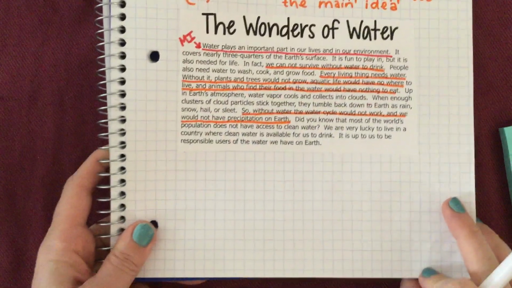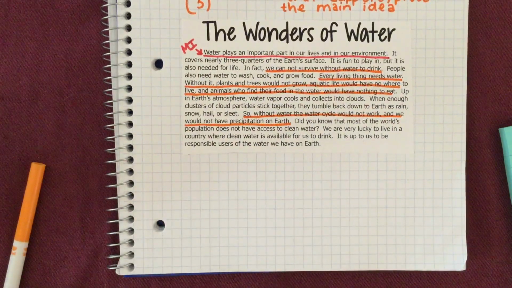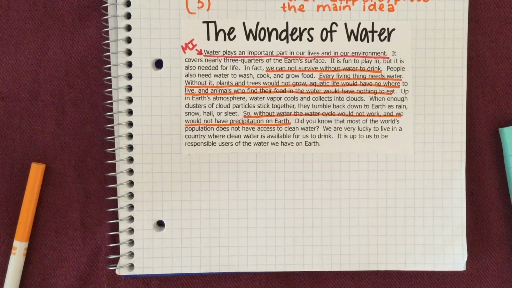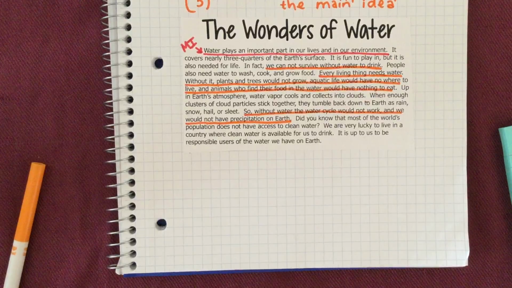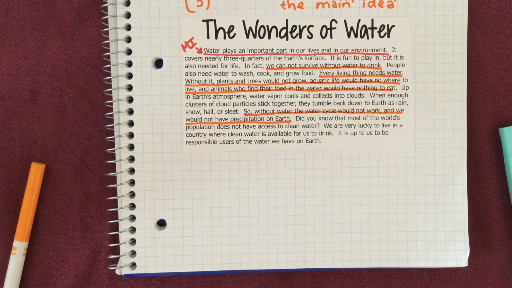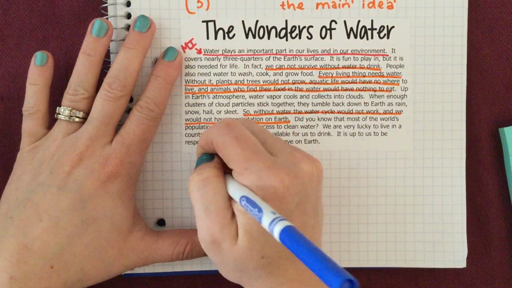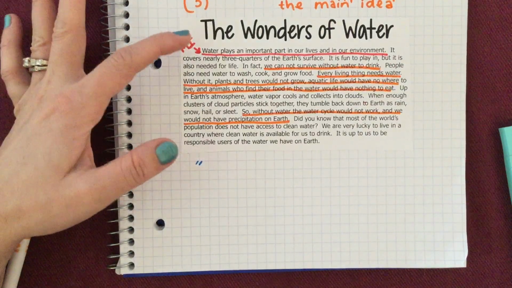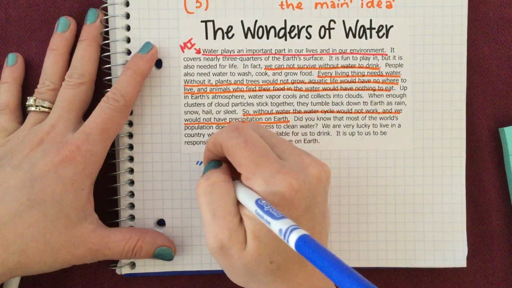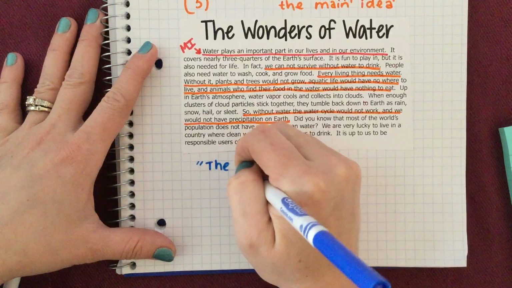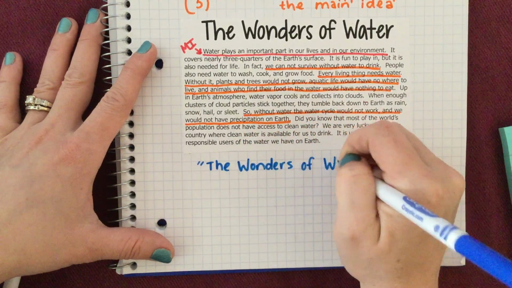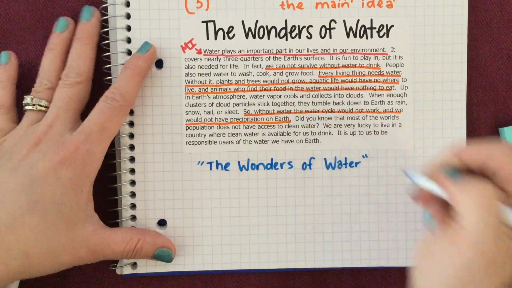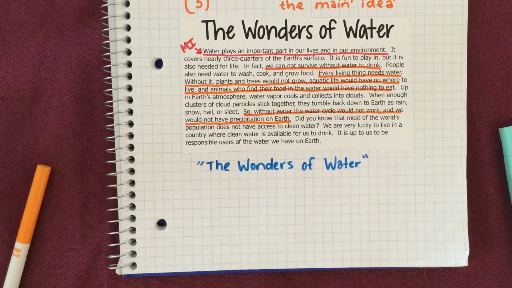So I'm going to come down here, and the first thing that we do for our summary is we write our title in the beginning. So I'm going to use quotation marks because this is just a brief piece of an article. So there's our title, "The Wonders of Water."